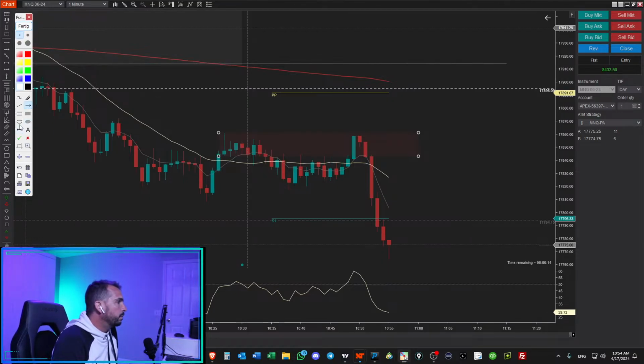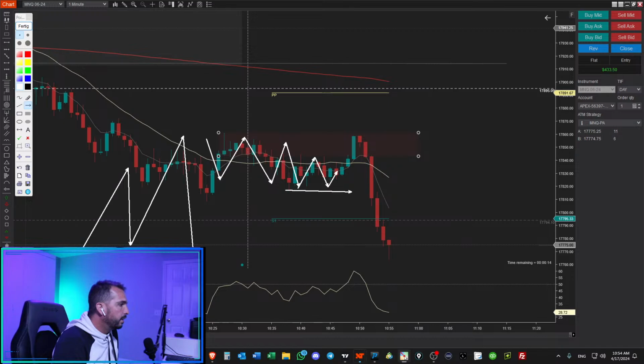So the price came with a strong move down, consolidated over here. It fell to make new lows and stayed here. It wasn't going this and that, this and that. It was just short moves.